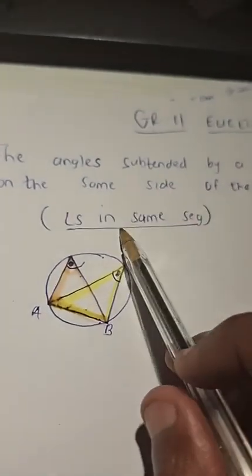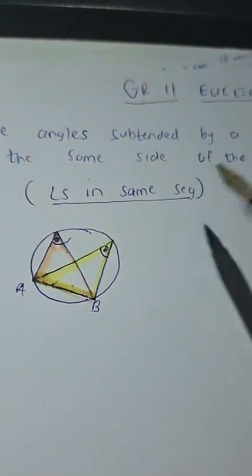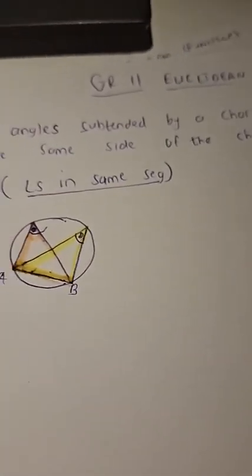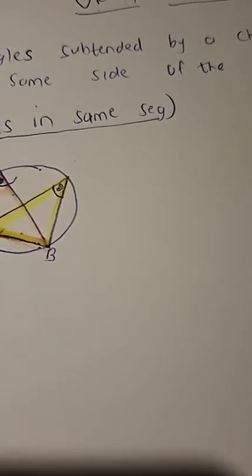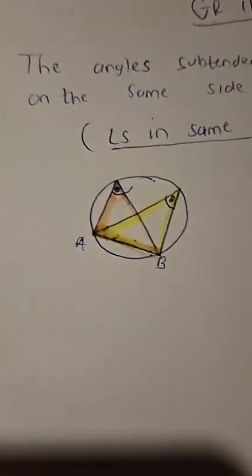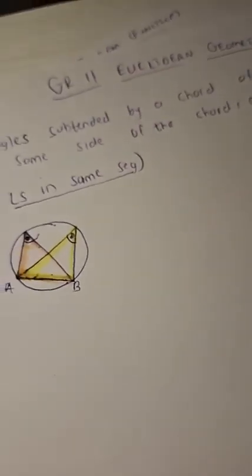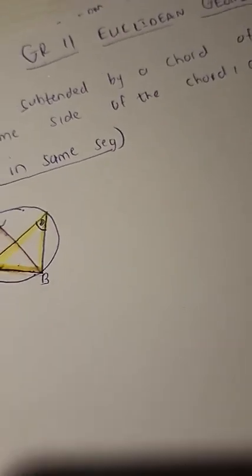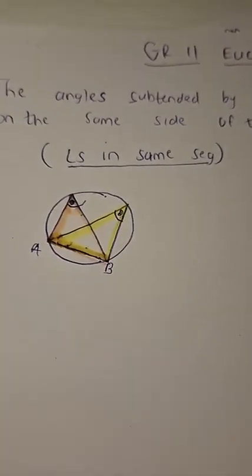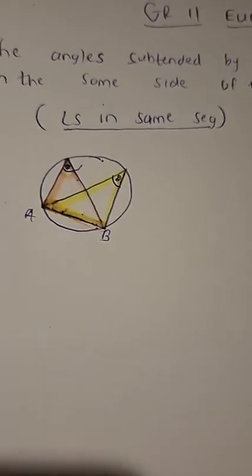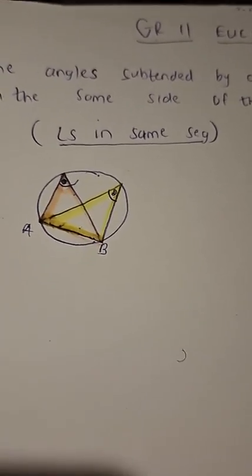And the reason we use is angles in same seg. Angles in same seg. Okay, so hopefully we are flowing together and we are of the same understanding where this theorem is concerned. Angles in same seg.